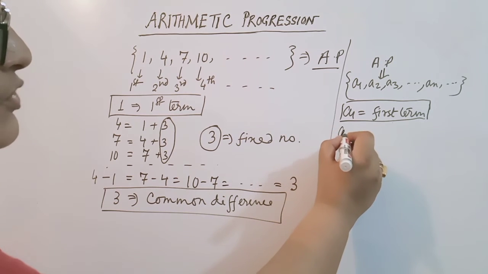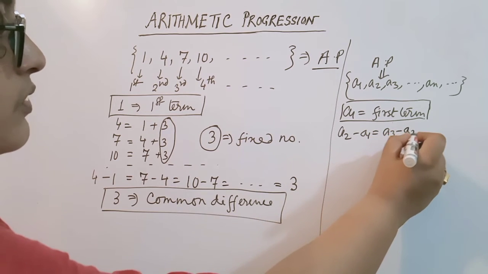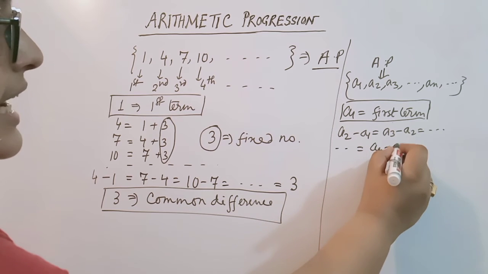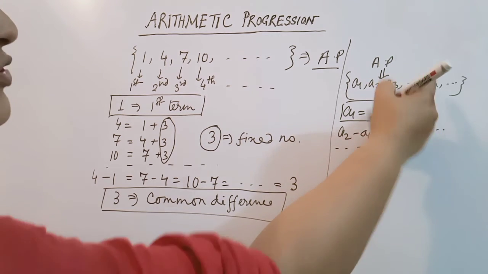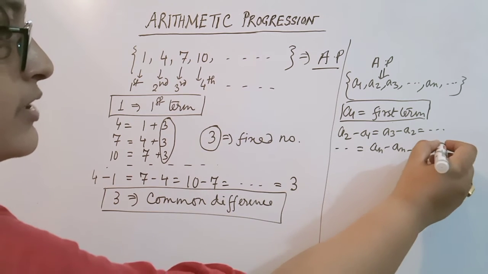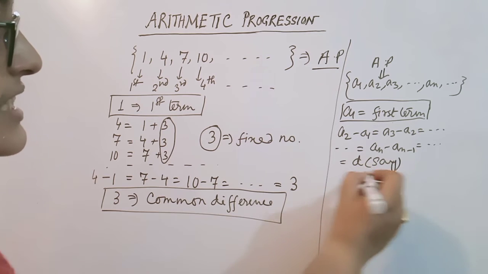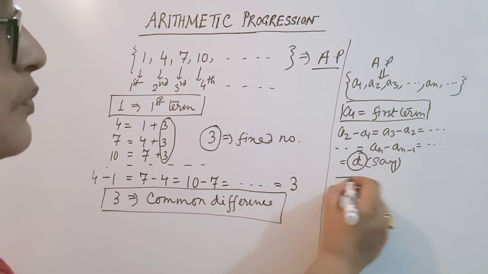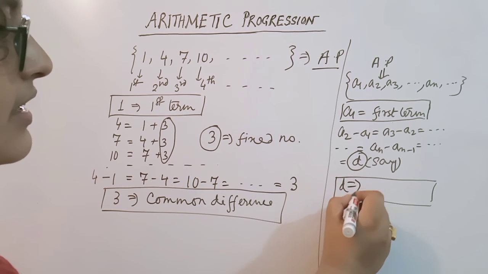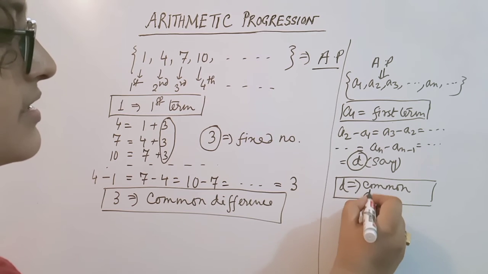So here a2 minus a1 equals a3 minus a2 equals and so on, an minus a(n minus 1), because the term preceding n will obviously be n minus 1, will be equal to a fixed number. Suppose that fixed number is small d. So here this small d is called the common difference.